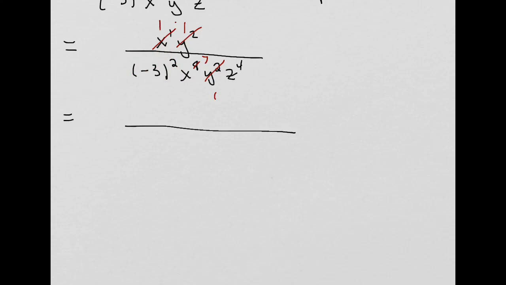Well, I can actually multiply that out. So negative 3 squared is just negative 3 times negative 3. That's 9. So that's going to stay on the bottom. And then I'm going to write everything else. So I've got 9 and then x to the 7th, all my y's canceled, times z to the 4th. If I multiply my tops together, all I'm left with there is just a 1. And that is my answer.